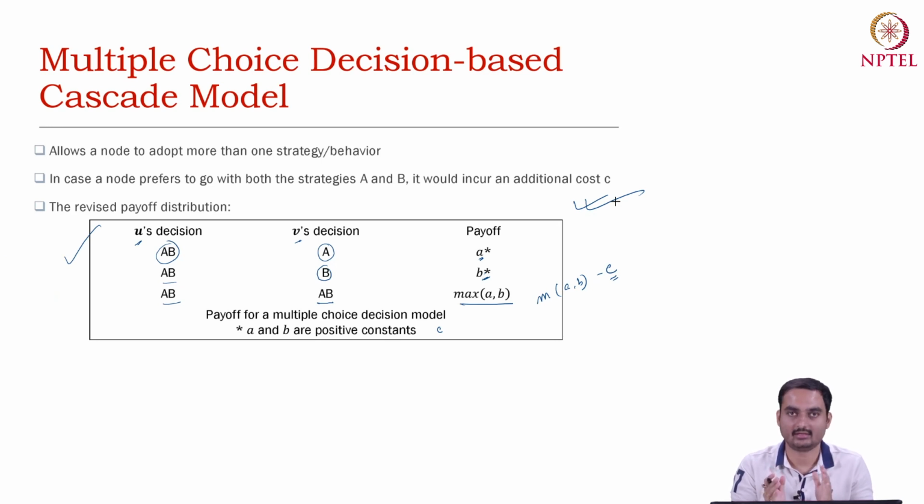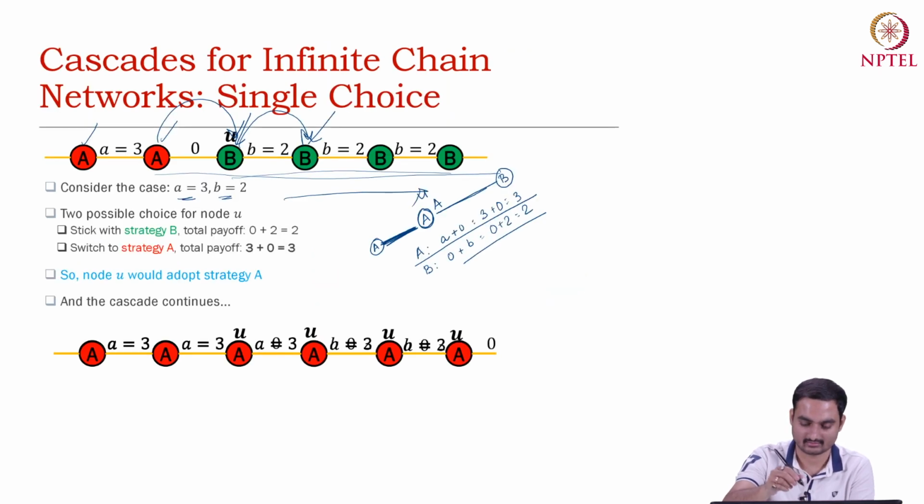If I choose A and my neighbor has chosen A, I will get A. If I choose B and my neighbor has chosen B, I get B. If I choose AB and my neighbor has chosen A, I would get A. If I choose AB and my neighbor has chosen B, I will get B. If I choose AB and my neighbor has chosen AB, I will get max(A, B), but I will incur a cost. In fact, in the last three cases, I will incur a cost C, not A, and C is a constant.